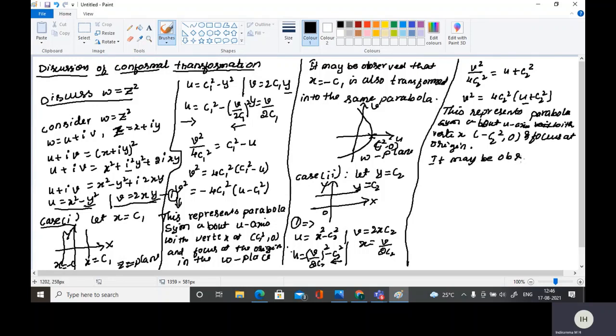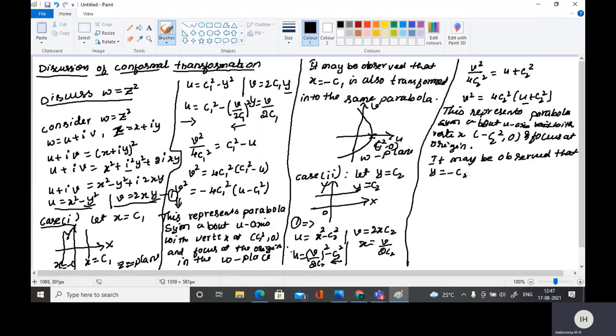It may be observed that y is equal to minus c2 also. If you take y equal to minus c2, here you will get minus 2x c2, and if you square it becomes plus, no change, right? So minus c2 whole square is plus c2 square, no change in the final equation after substituting y equal to minus c2.